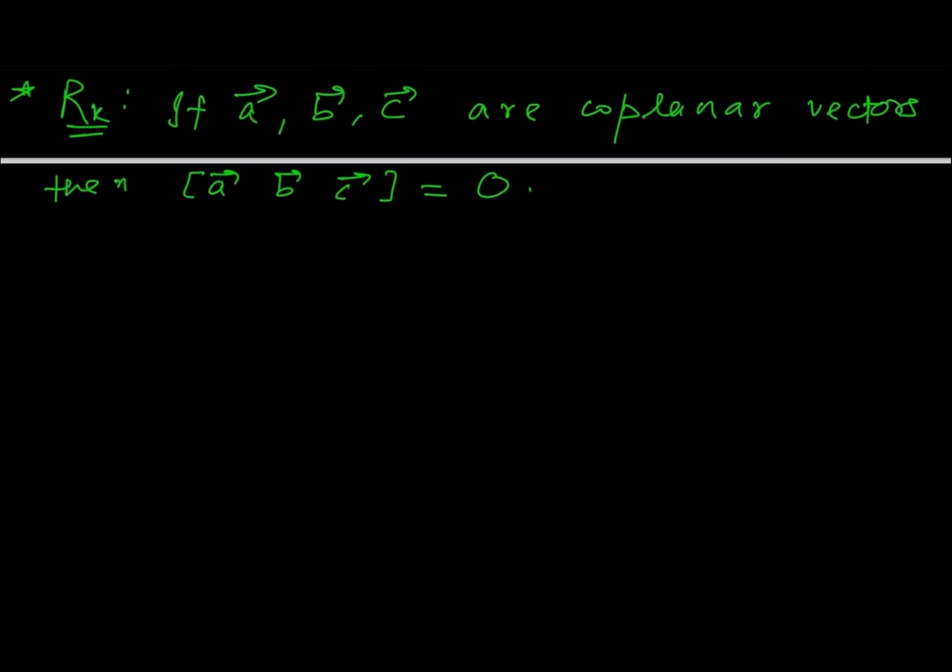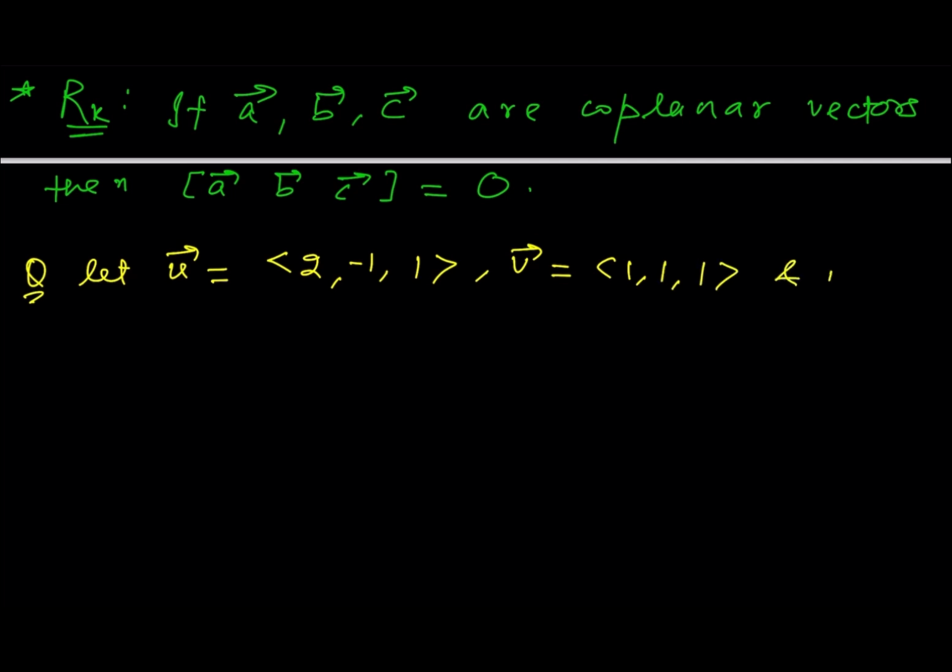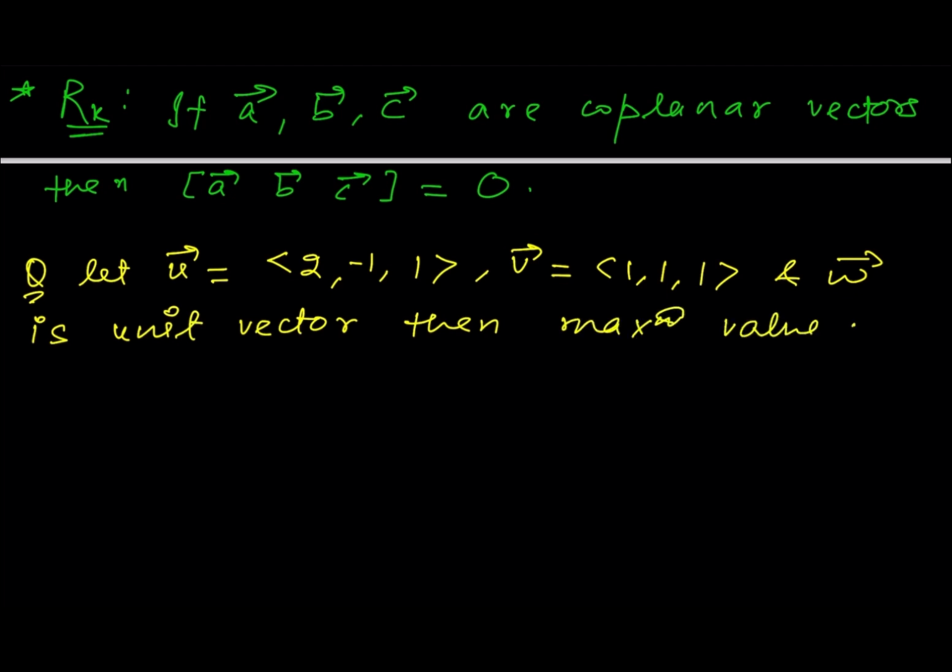Okay, now let us write one more question. Question is, let U vector be 2, minus 1, 1, V vector be 1, 1, 1, and W vector be a unit vector, then the maximum value of box U V W is equal to question mark.